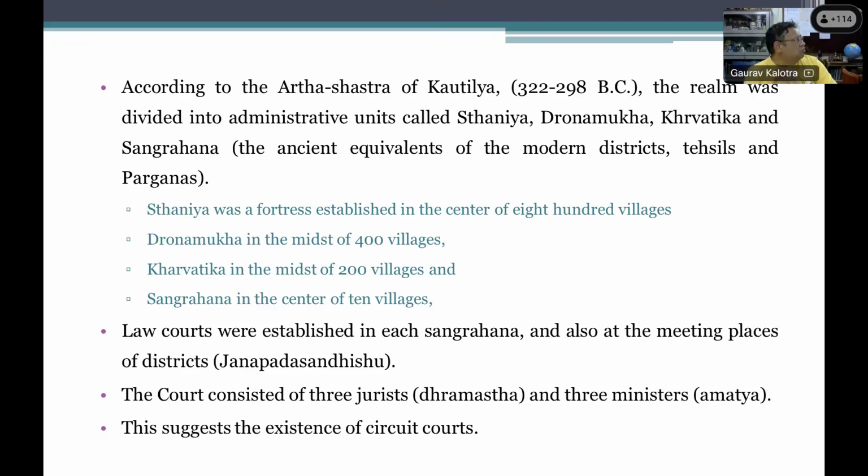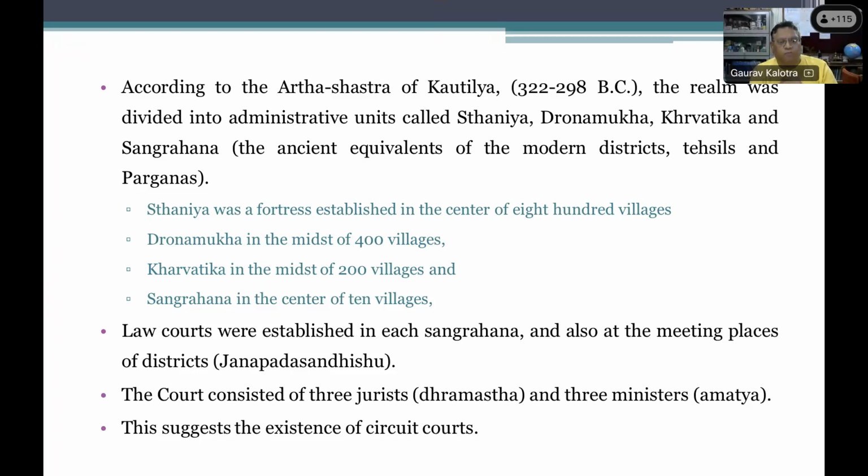Then moving on to the Arthashastra of Kautilya, during Kautilya's time, the entire administrative units were divided in a hierarchy. There was Thania, which was a fortress established in the center of 800 villages.